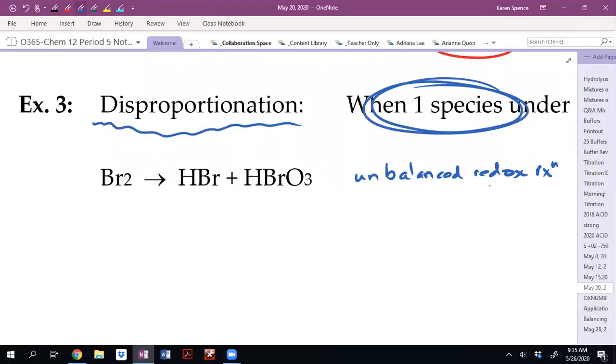Okay, so if it is a balanced redox reaction, there must be a reduction half reaction and an oxidation half reaction, but we have only one reactant. Yes?